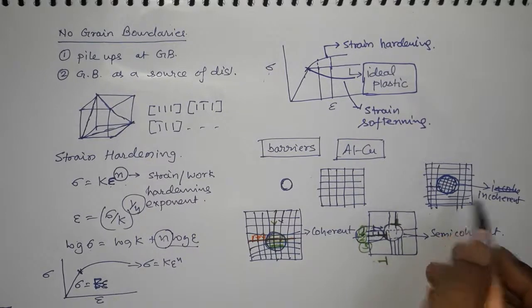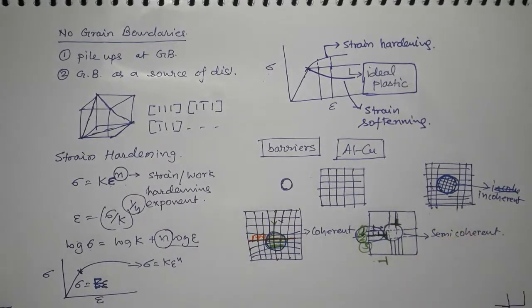Okay, so now we know about one barrier which can exist in a single crystal. Let's talk about other types of barrier which can exist in a single crystal on the next page. So there can be precipitates which are barriers. Then the dislocations are barriers for themselves also.